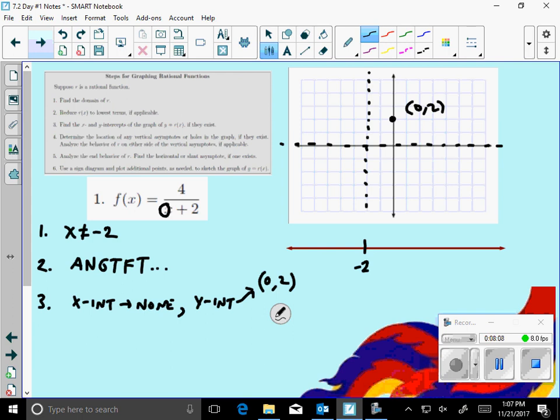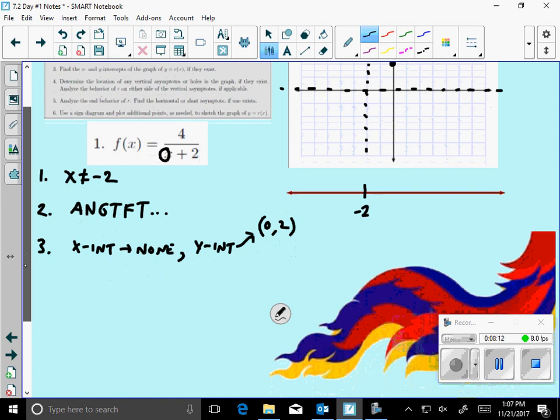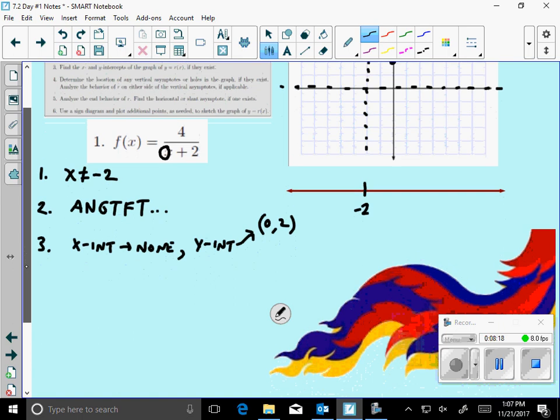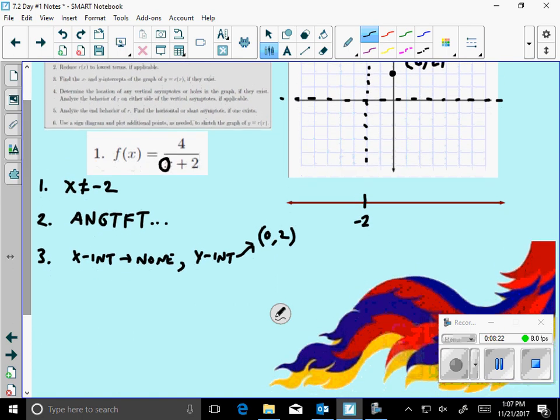Number 4, determine the location of any vertical asymptotes or holes. We've already done that. Analyze the behavior of this function on either side of the vertical asymptote. So here's where we'd analyze behavior. We've already said here at 0 that the graph will be above. Right?